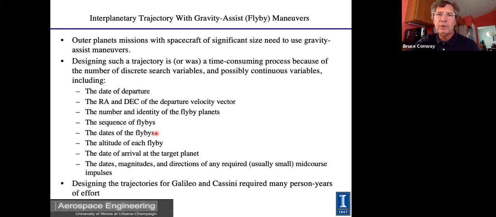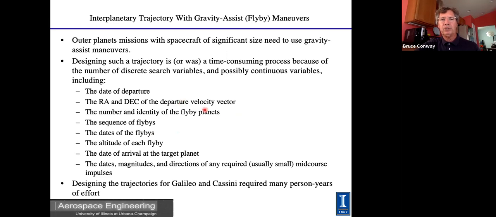Okay, so now let me conclude with the most challenging problem for mission planners. The interplanetary trajectory with gravity assist maneuvers. This is the Galileo or Cassini trajectory problem. This is a difficult problem, even if you assume impulsive chemical thrust, which is what they use, not low thrust. It's difficult because there are so many free parameters.